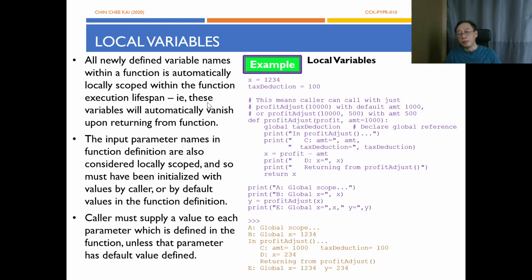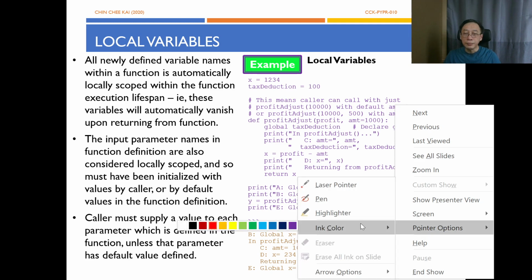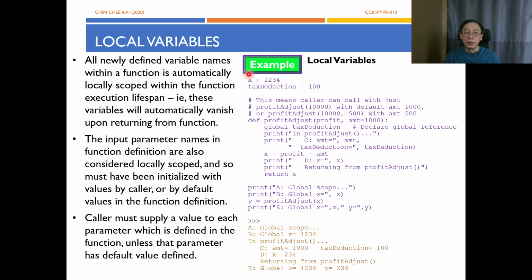So the variables, for example, in this screen here, are x, text deduction. Here's my laser pointer. So x and text deduction, all these are global variables because they exist outside of the function.